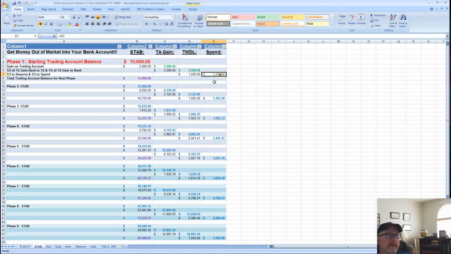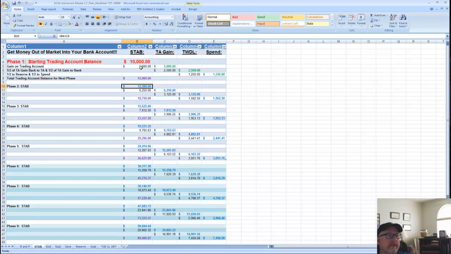It gives me $1,250 to spend, and then $1,250 for the reserve account. So I would always put reserve back. Your starting balance next, with the 2,500, would bring it to 12,500, so forth and so on. So in the 50,000 account, it would be 52,500, for instance.